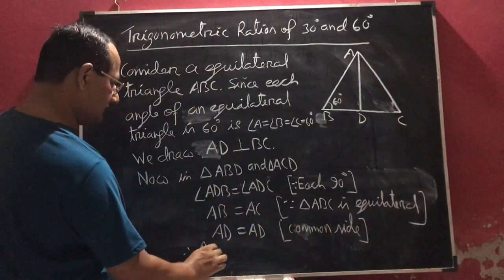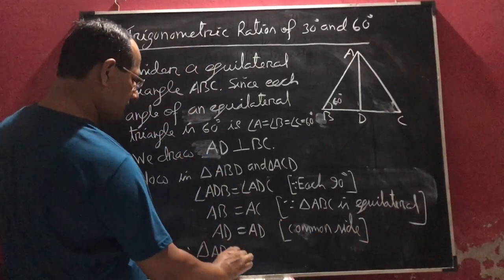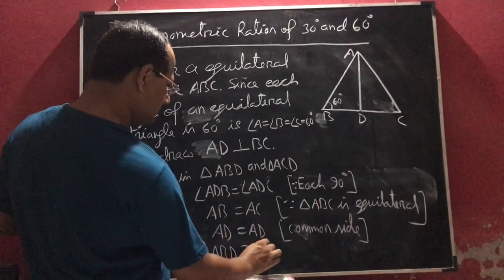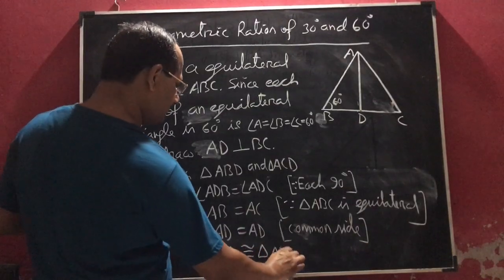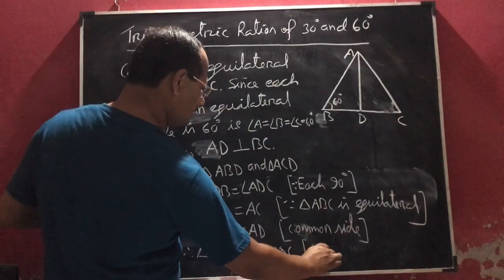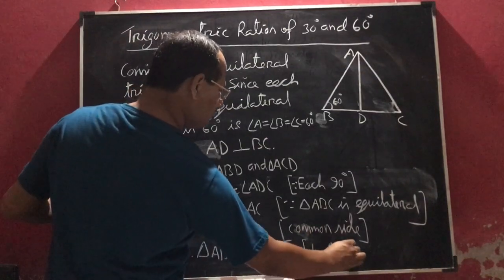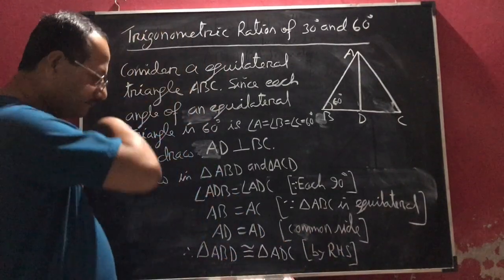Therefore triangle ABD is congruent to triangle ACD by RHS, right angle hypotenuse side.